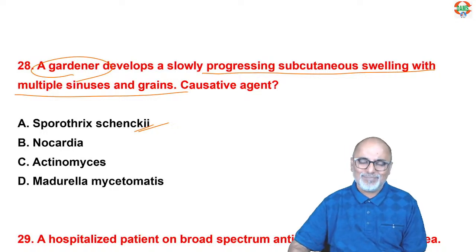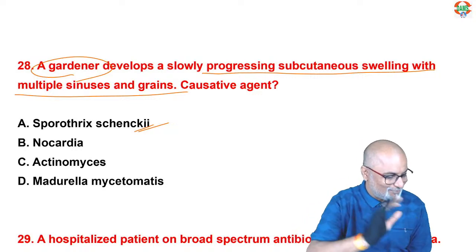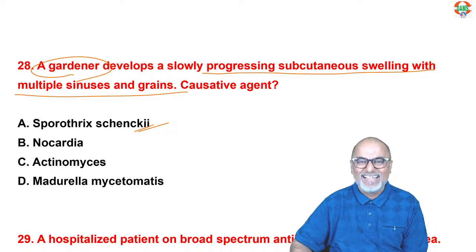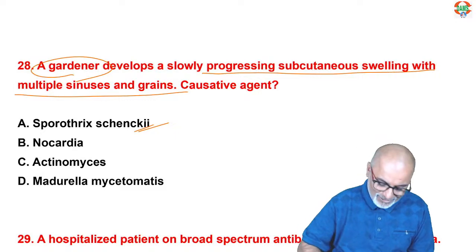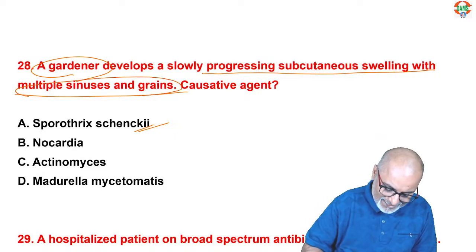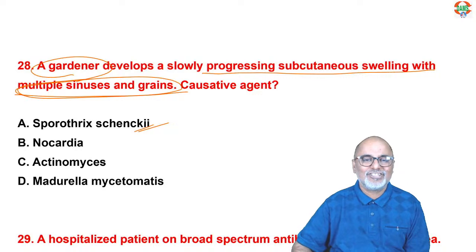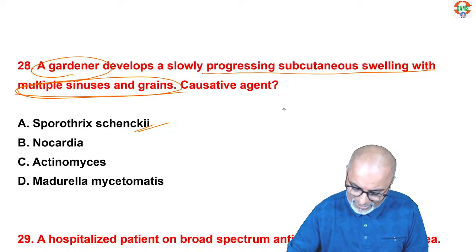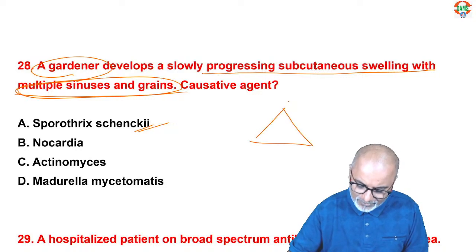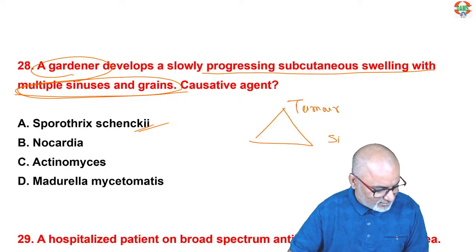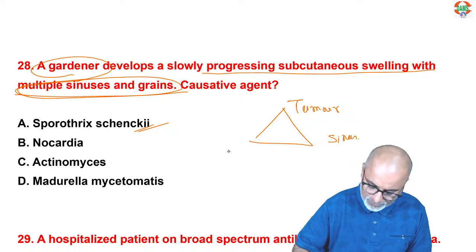Gardener means people immediately think of rose gardener's disease, Sporothrix. Already people answered. No, be careful. Multiple sinuses and grains, discharge granules. So it's a triad of tumor, sinus, granules.